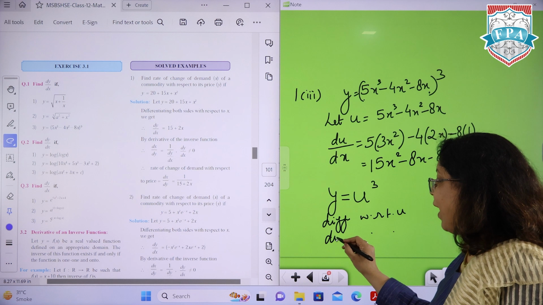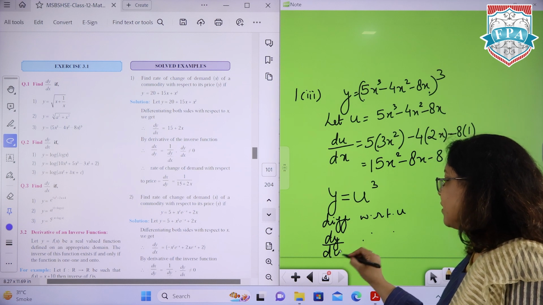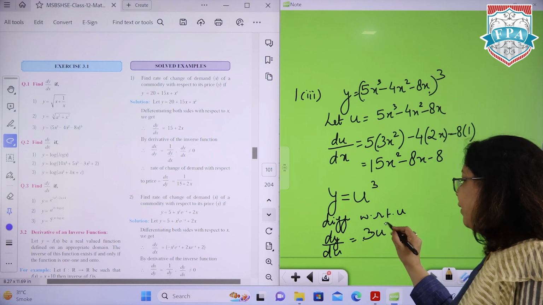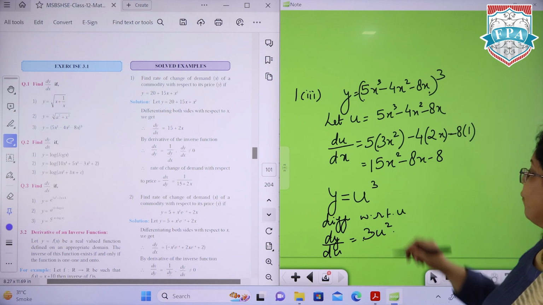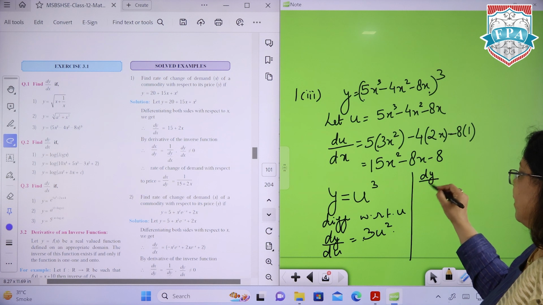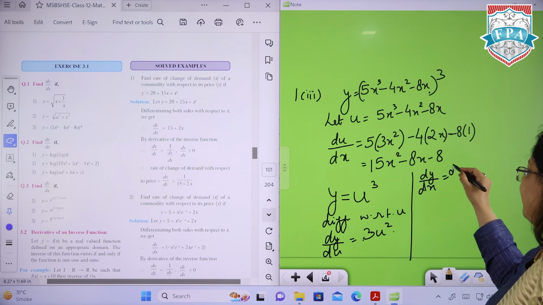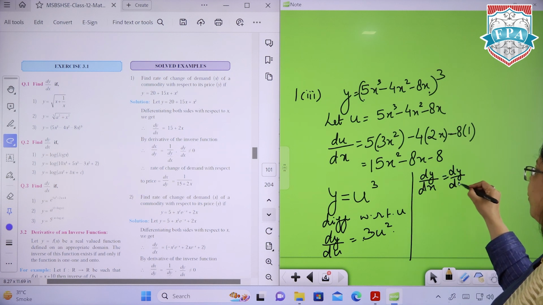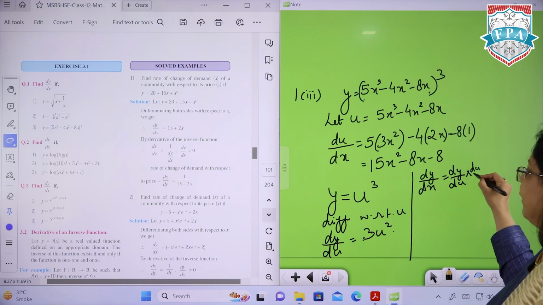We'll get dy by du as 3u square. And to get the final answer of dy by dx, we will write dy by du multiplied by du by dx.